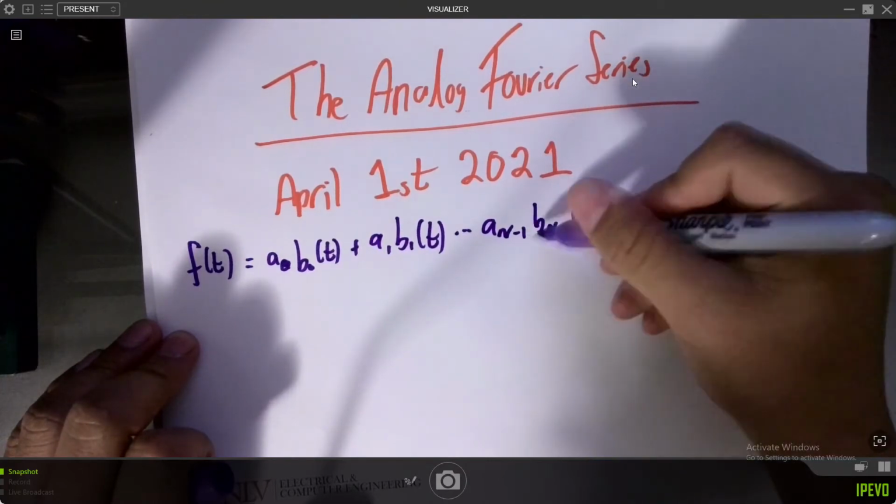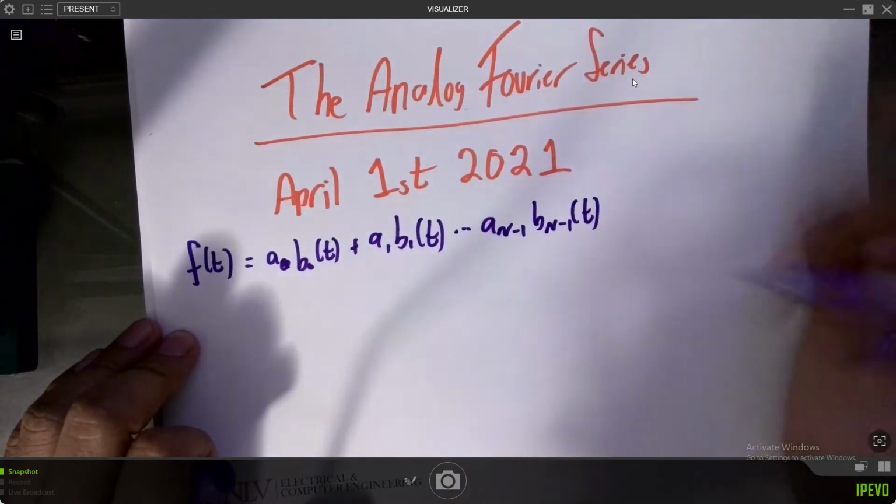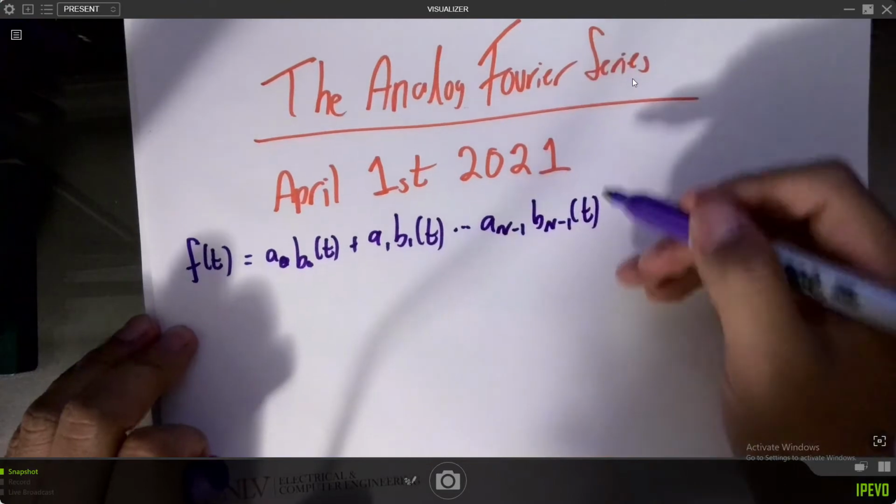The reason I put n minus 1 is that if n was equal to 3, that means it's 0, 1, 2. So how many functions do we have?